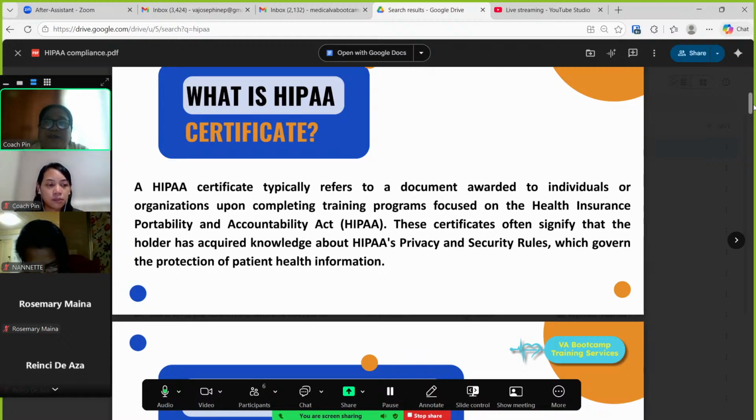We need to make sure there's always confidentiality in everything that we process, and we follow company rules regarding PHI security. All right, so that is our session for today.